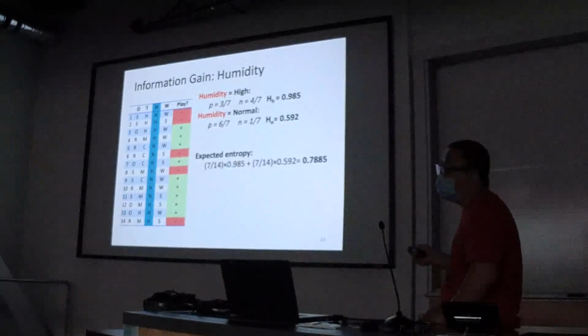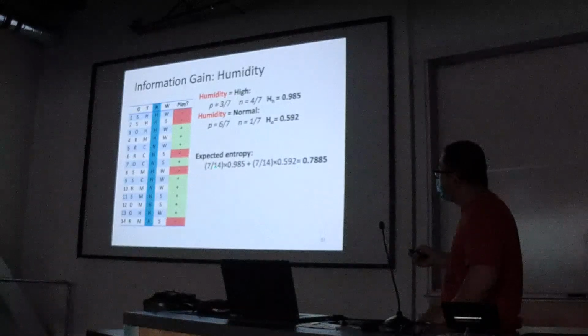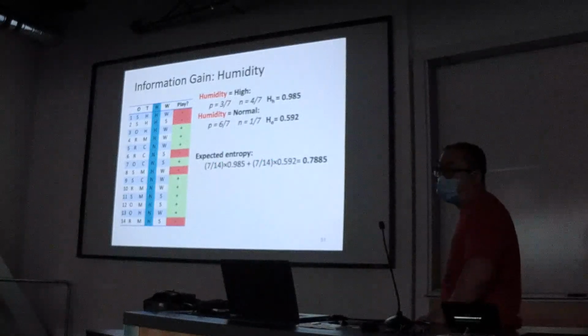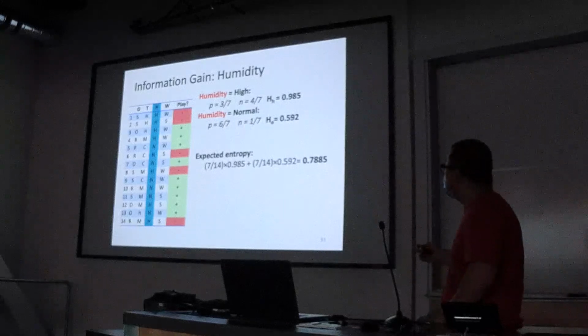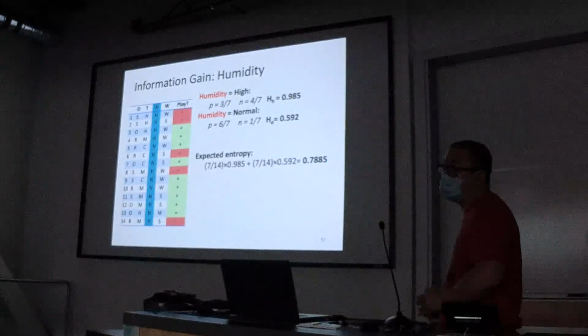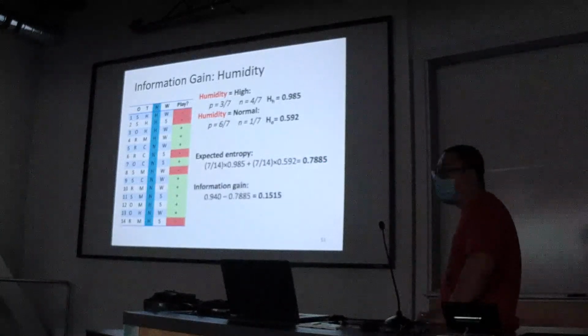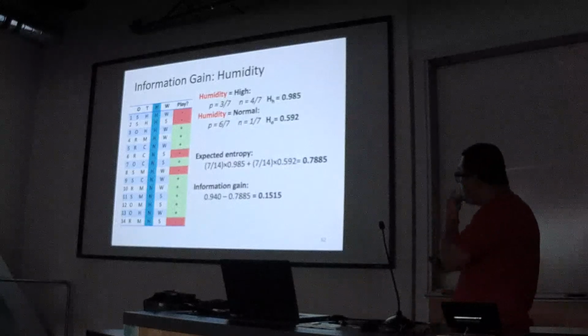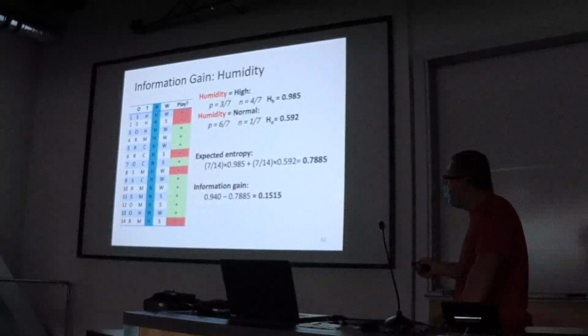Now we calculate the expected entropy by weighting each subset's entropy with the size of the subset, which is 7 over 14. They're equally weighted. So you end up with 0.785. Now the information gain is computed by subtracting the expected entropy from the entropy of the entire data set, which gives 0.1515.